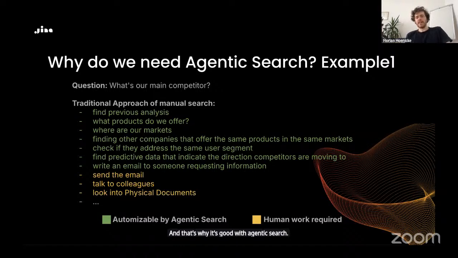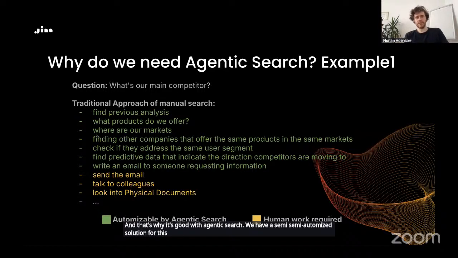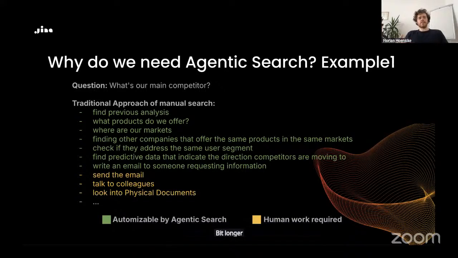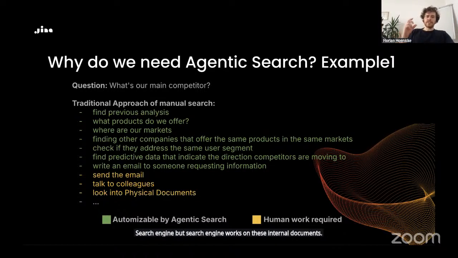We have a semi-automated solution for this. What the agent can actually do is find previous analyses within your company. Most likely, if your company has existed for a bit longer, it already has some internal documents. So if you have a search engine that works on these internal documents, then the AI agent can use that search engine and retrieve all the previous analyses that were made on this topic.